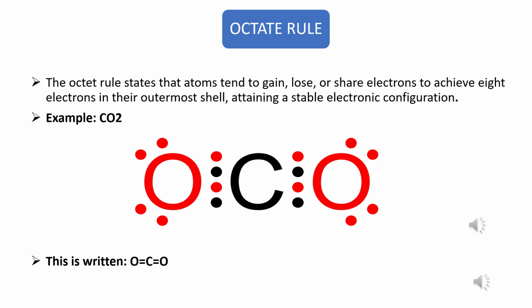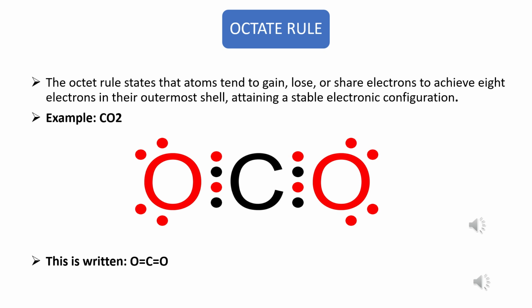Therefore, carbon shares 2 pairs of electrons with each oxygen atom, forming 2 double covalent bonds. This arrangement is represented as O=C=O. After sharing electrons, carbon has a complete octet of 8 electrons, and each oxygen atom also achieves 8 electrons in its outermost shell. As a result, all the atoms become stable.